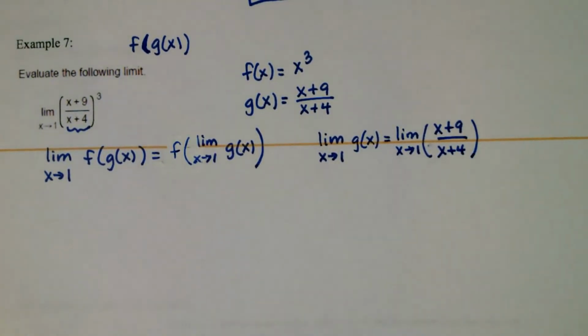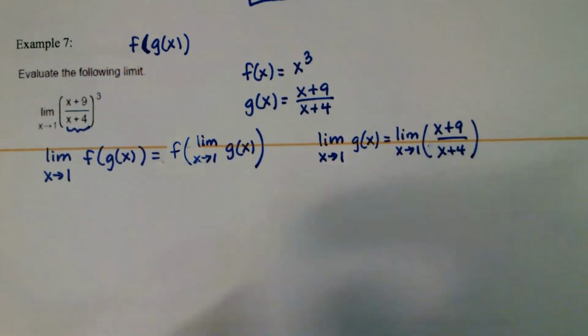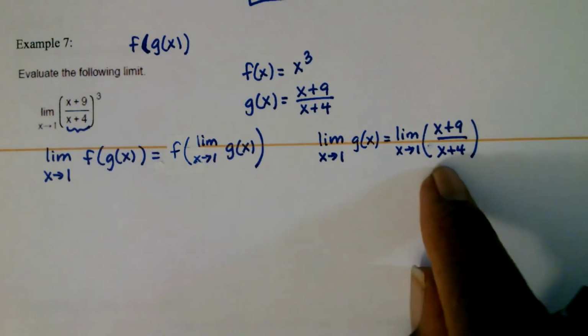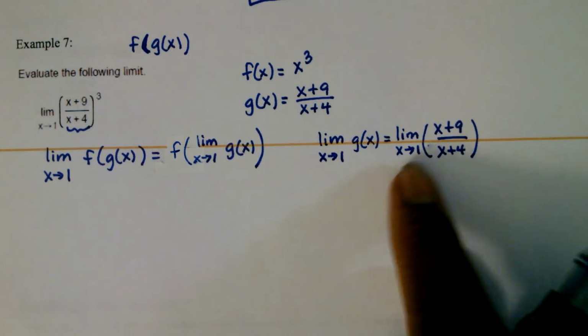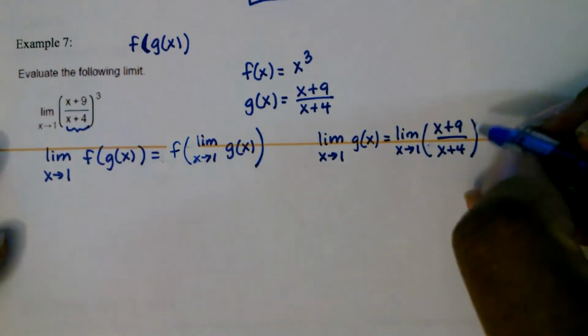Well, it may be a rational function, but I'm not going to get a 0 in the denominator when I replace the x with 1. The only time I get a 0 in the denominator is when x is -4. But here I have x equals 1, so I can use direct substitution.